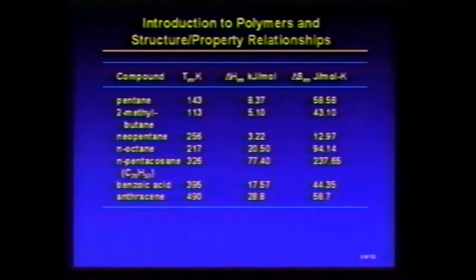One last point about this table would be the data for anthracene. Anthracene, of course, is a planar, rigid molecule. Notice its melting point is quite high. This is, again, because of entropic effects. The delta H is not significantly greater than that of, for example, N-octane, and in fact is much less than the C25 N-alkane analog.